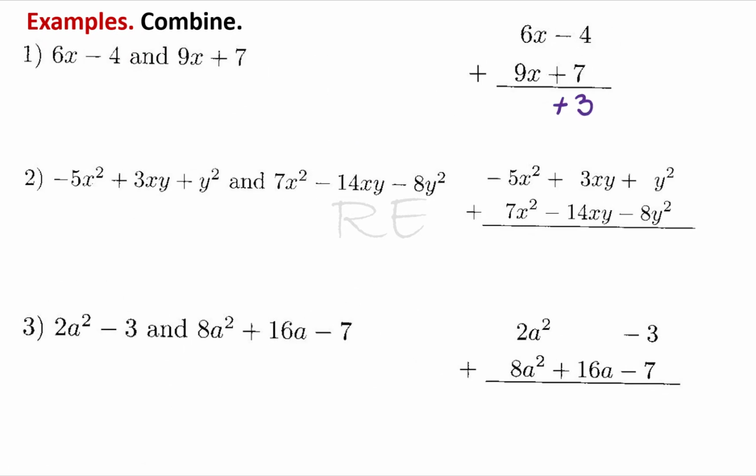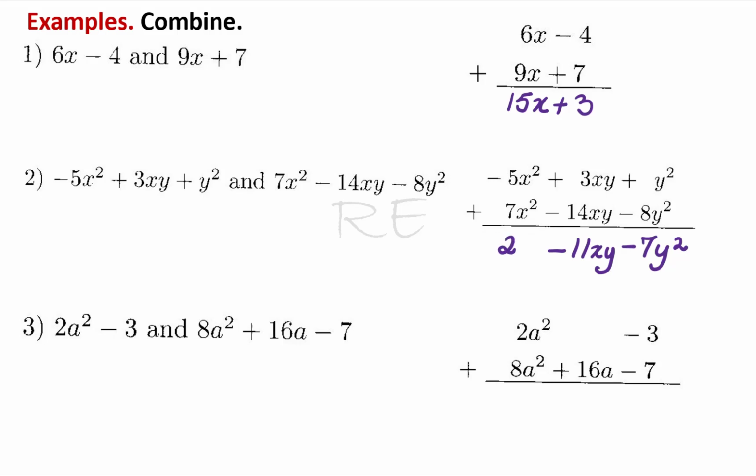Negative 4 plus 7, positive 3. 6x plus 9, 15x. y squared minus 8y squared, negative 7y squared. 3xy minus 14xy minus 11xy.